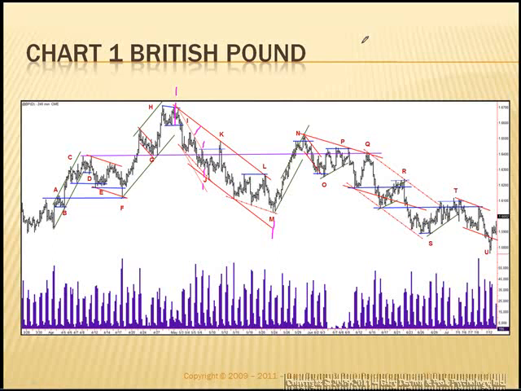If we looked at a bigger time frame and looked at more data going back here, then we might have something that comes along like this, something like that, right?